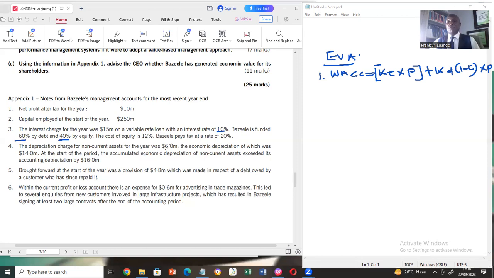So here we can calculate the WACC. We are told the cost of equity here is 12%, which is clearly indicated here.